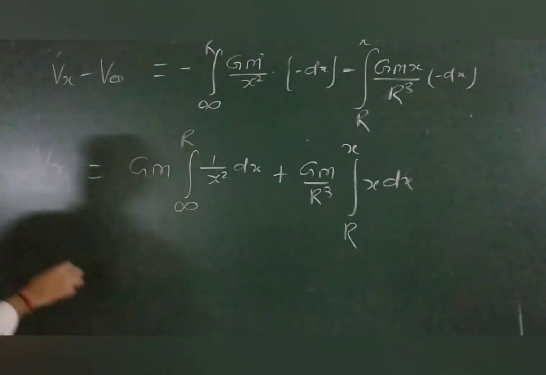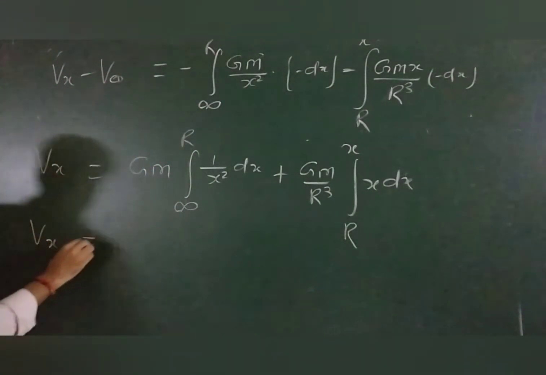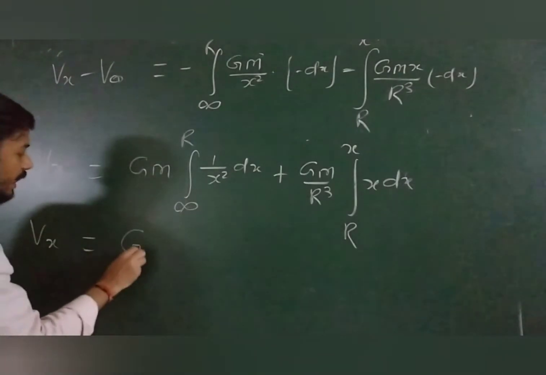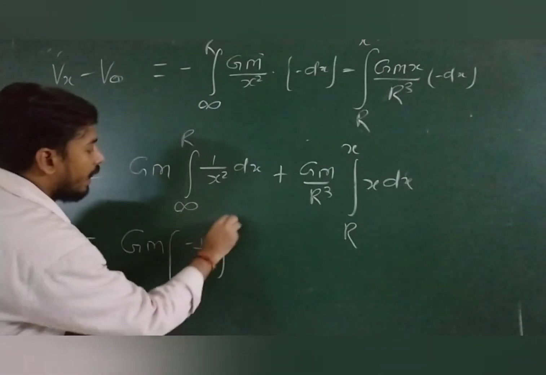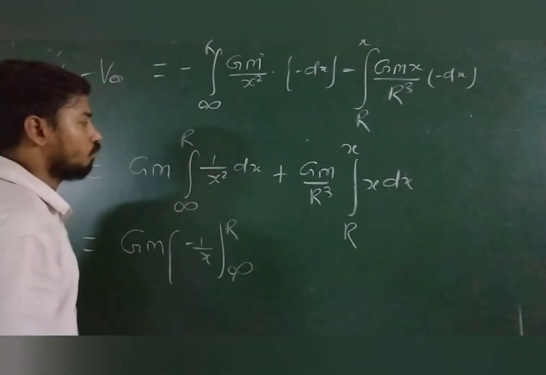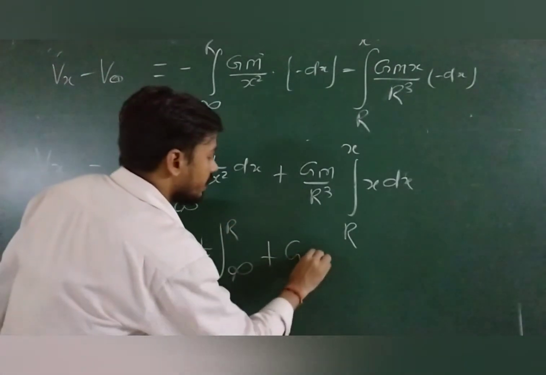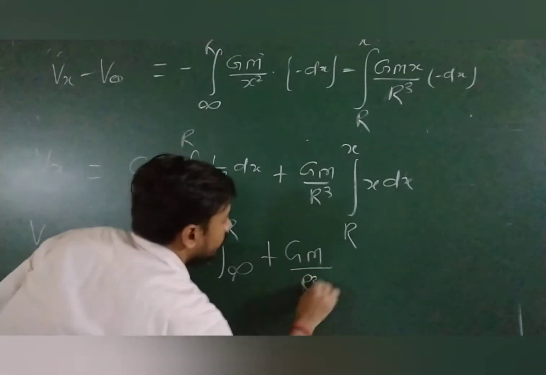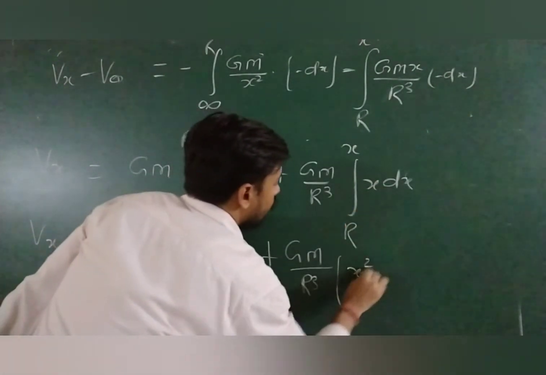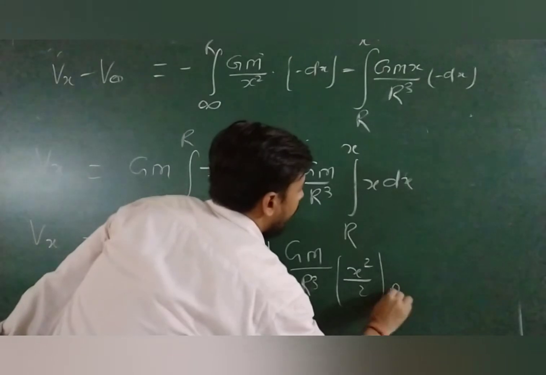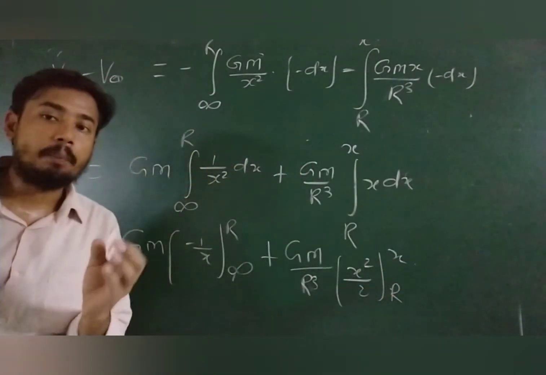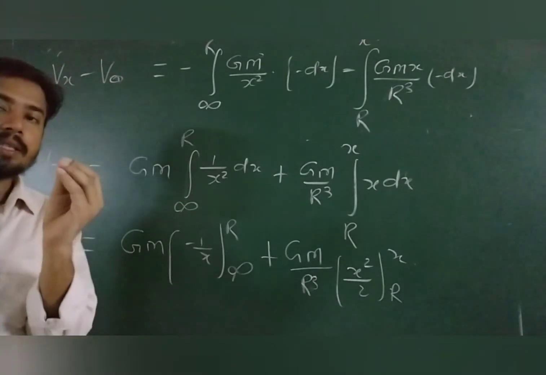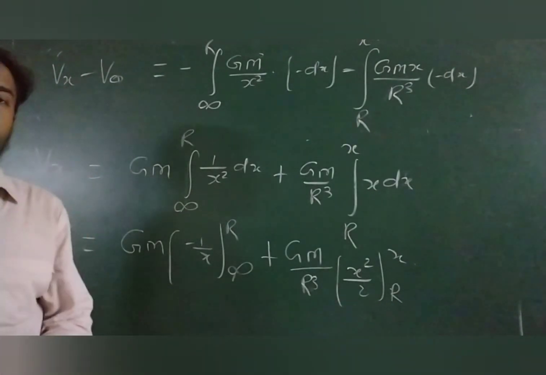Okay, now solve this equation fast. This becomes GM times minus 1 by x with limits r and infinity, plus GM by r cube times x square by 2 with limits r to x. I have already uploaded the video on integration, so you can learn how to integrate from that video.